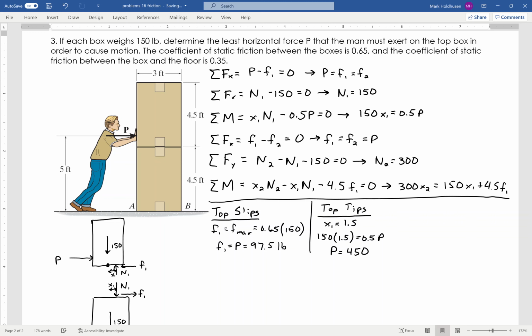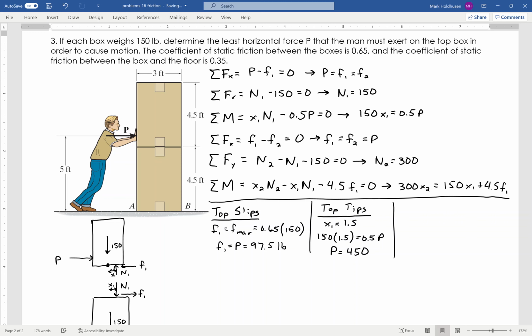That's not happening. That is bigger than the slipping. Again, if you think about slowly increasing your force, it's going to hit 97.5 first. So I'm looking for the smallest P, and this one's definitely not happening.